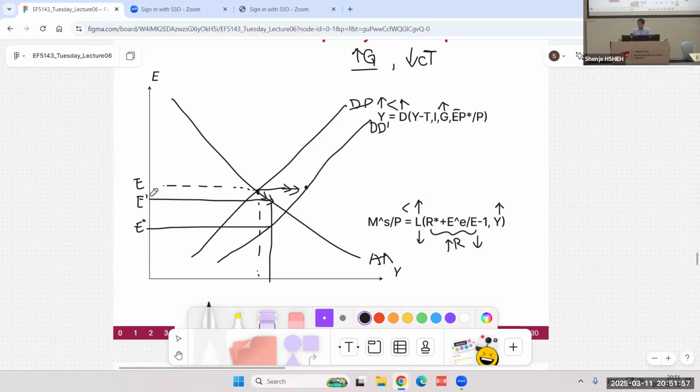And so as long as this E prime is higher than this E double prime, then output is going to keep increasing. But E is appreciated, right, until no more Y wants to be made. So this is our old equilibrium, and this is our new one.